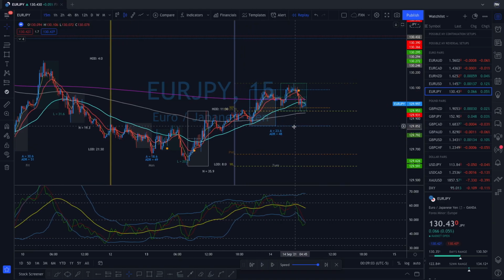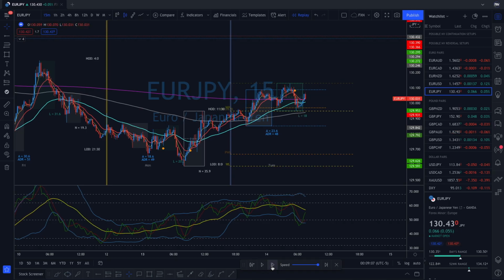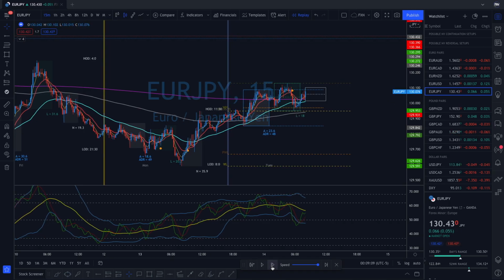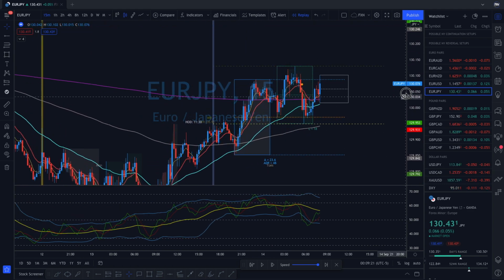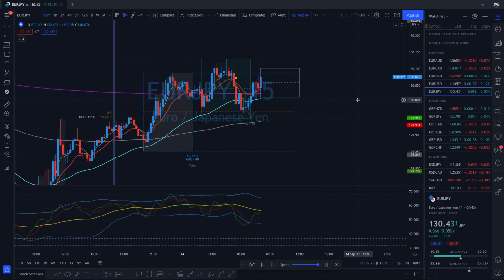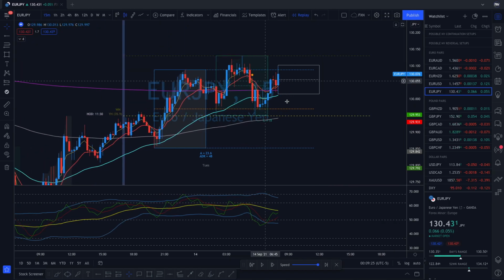Okay, so you see the difference here though? Look at the difference. See how there's no big push up? It stayed within this frame. It's more likely just testing this out right here. You see that? So it's very important to keep an eye out for that.